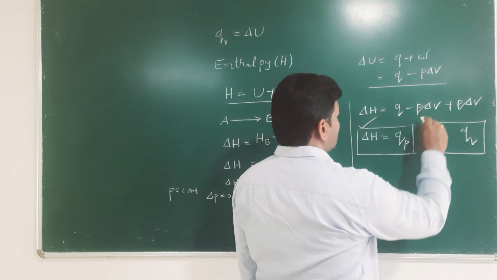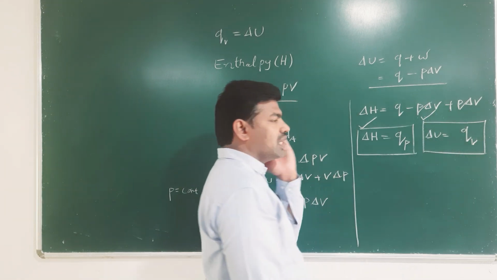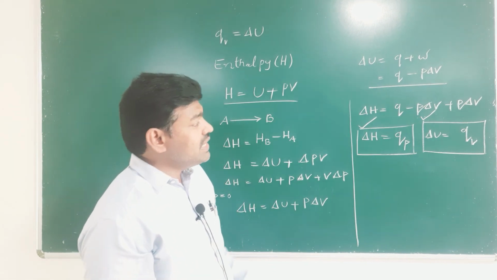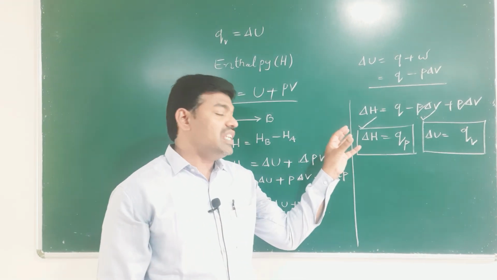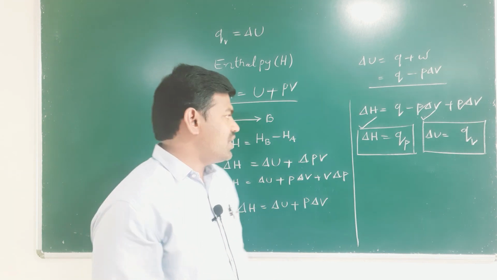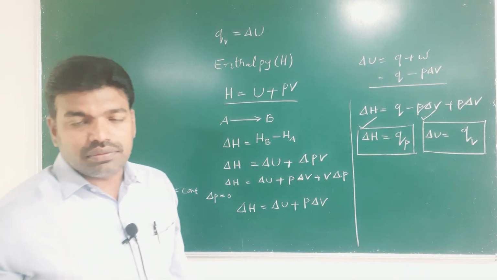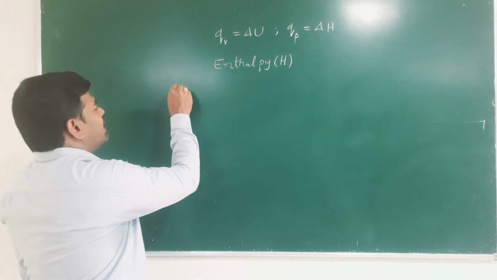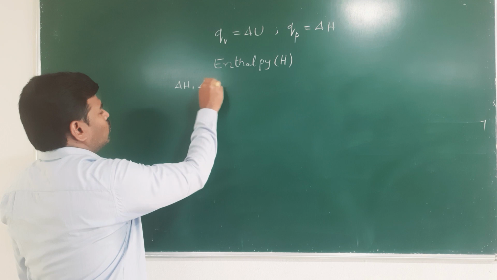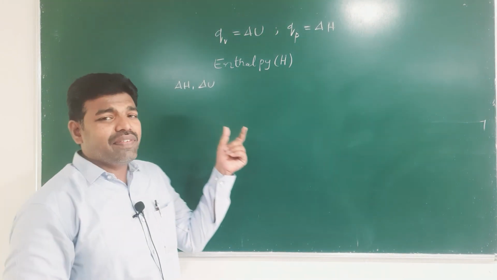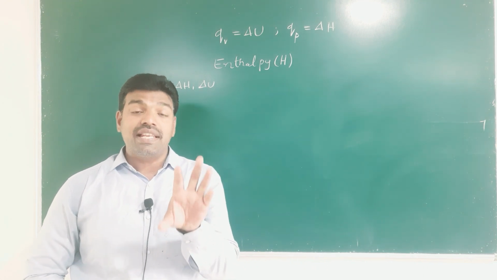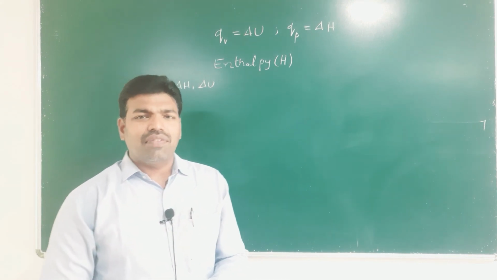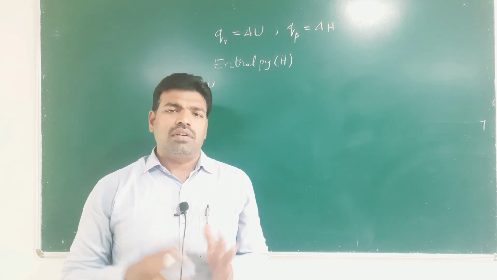Heat absorbed at constant pressure is equal to enthalpy change, and heat absorbed at constant volume is equal to change in internal energy, right. And there is a relation between the change in internal energy and the change in enthalpy. So, the relation between delta H and delta U. Actually, the difference between delta H and delta U is insignificant in case of solids and liquids, where volume changes are not significant.